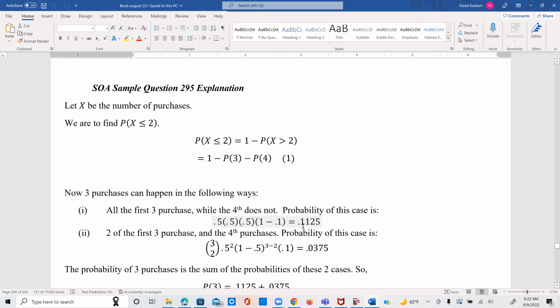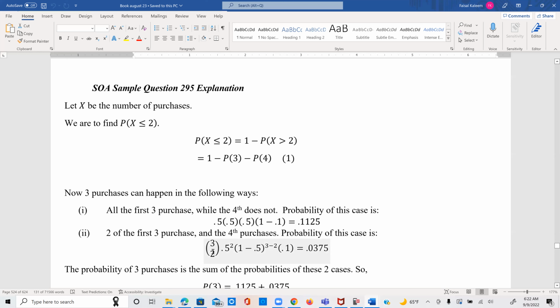The other way in which 3 purchases can happen is that 2 of the first 3 purchase and the fourth one also purchases. The probability of that is 3 combination 2, which is like 2 of the first 3 purchasing. You can think of it as binomial, where each probability for the first 3 is 0.5.